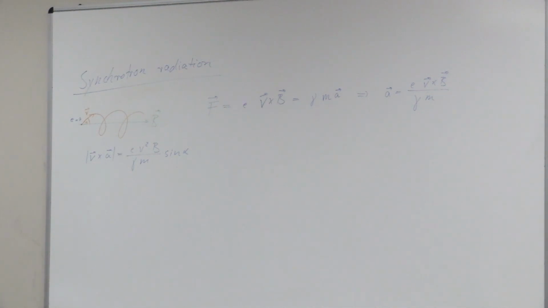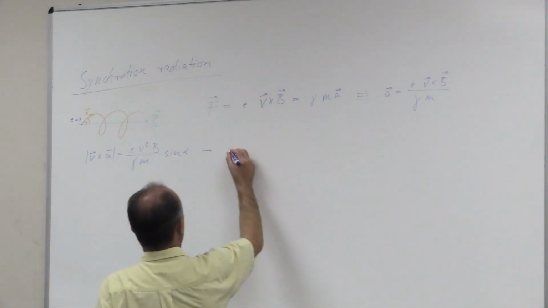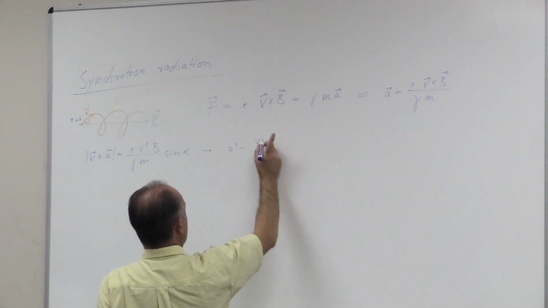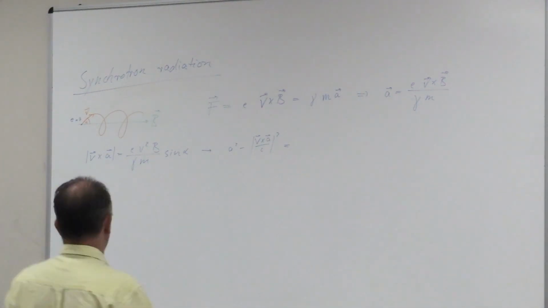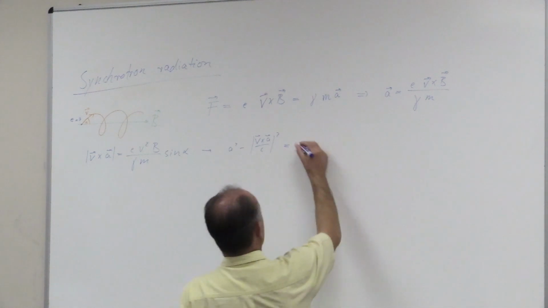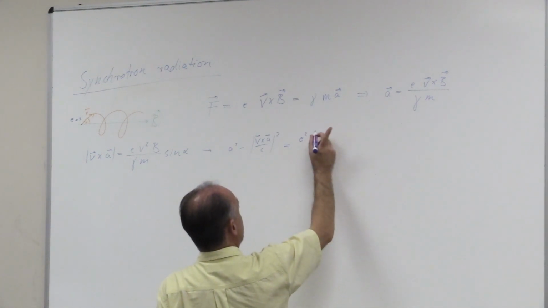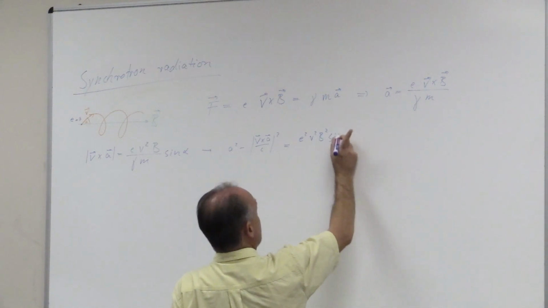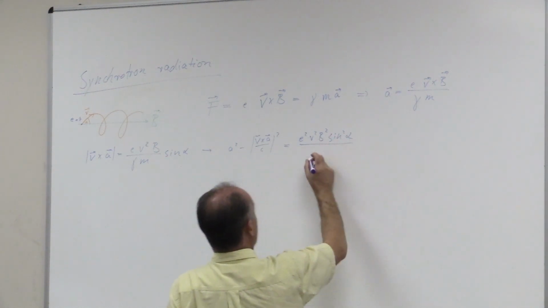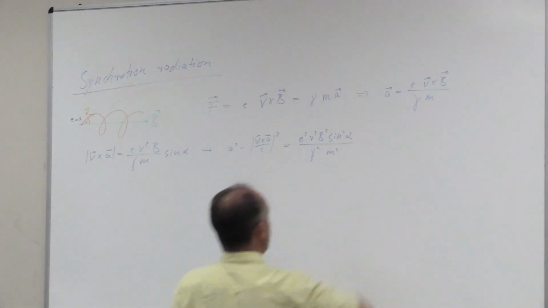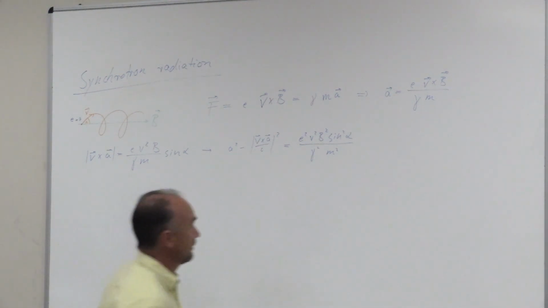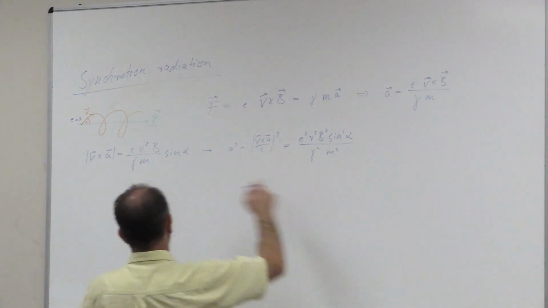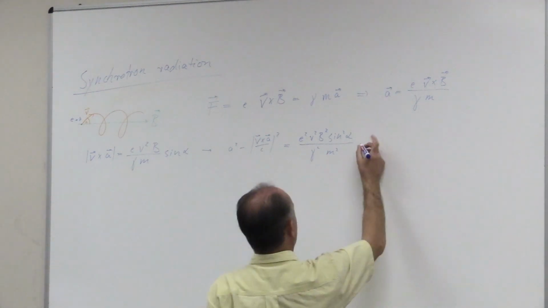So that means the term we need for the radiative power is a squared minus v cross a over c, squared. So we have e squared B squared sine squared alpha over gamma squared m squared; that is just our a squared here. And then minus, well, we have exactly the same, but let me write that.